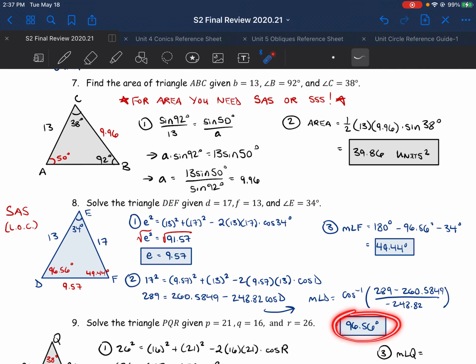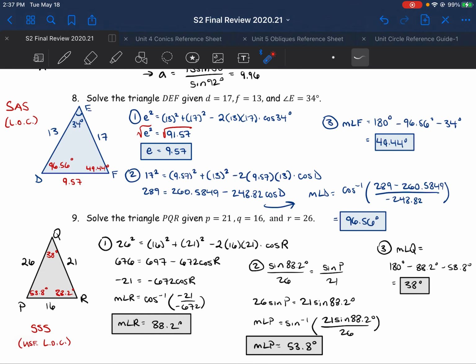And that would give us 96.56 degrees. Once I have that angle, 96.56 degrees, and we already had angle E, 34 degrees, I can subtract both of those from 180 degrees to find the final angle F, which would be 49.44 degrees.